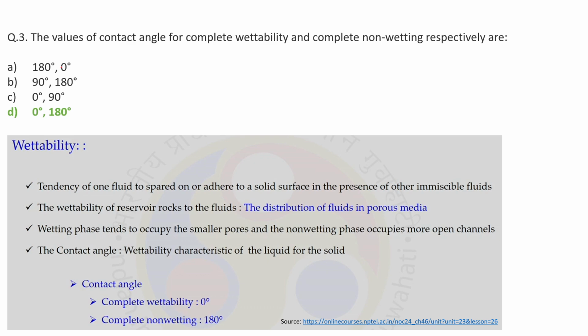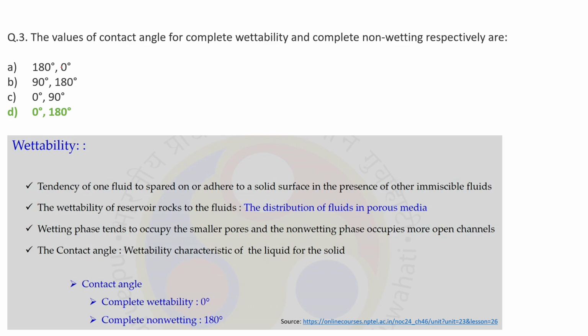So for that, we need to know the wettability of these two fluids that are on the rock. The contact angle created by the fluid on the rock will be from 0 degree to 180 degree. 0 degree means complete wettability and 180 degree means complete non-wettability.